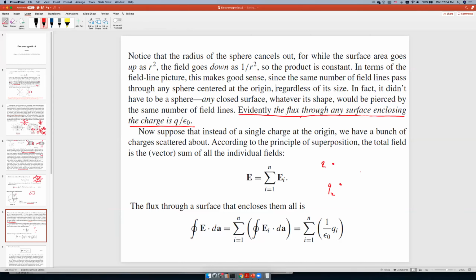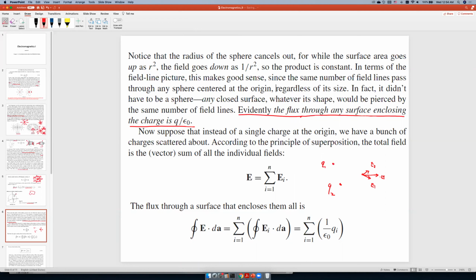If you want to calculate the E at this position, you can first calculate E1, which is generated from Q1, and then E2, which is generated from Q2, and E should be the sum of E1 and E2.